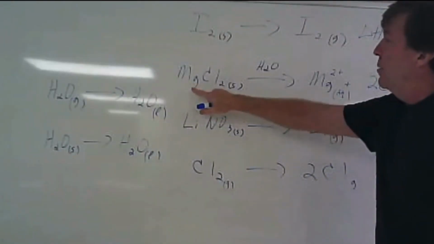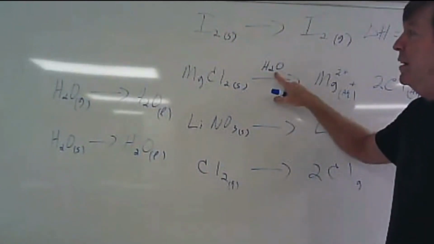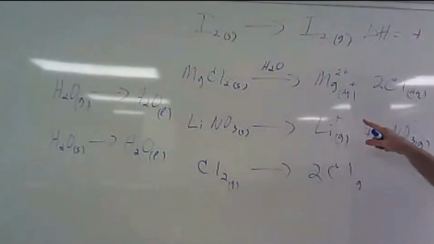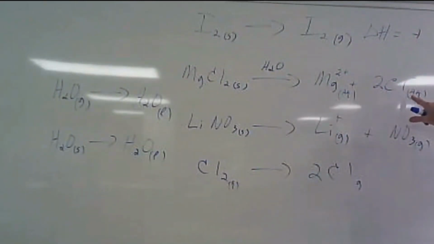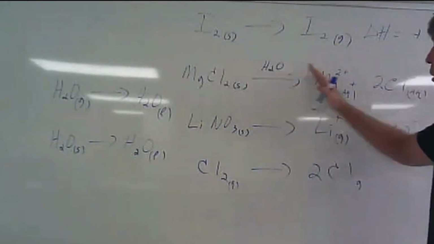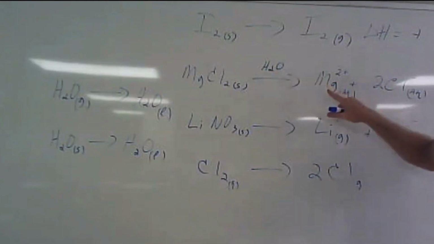We have solid magnesium chloride. We're adding water, so we're dissolving it in water. Notice we have aqueous magnesium ions and aqueous chloride ions. This is a strong electrolyte. These ions are becoming hydrated.